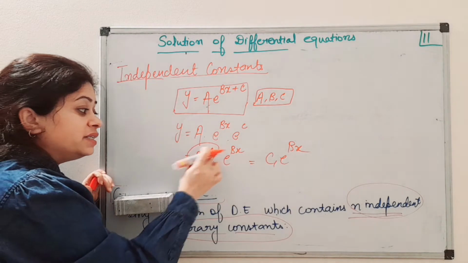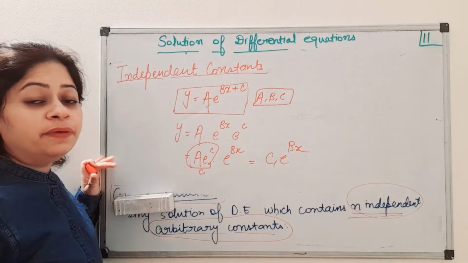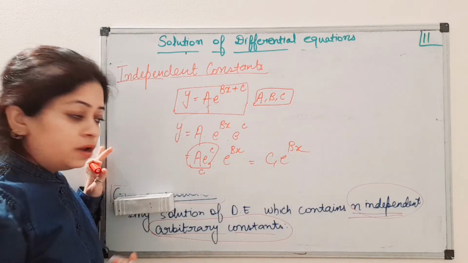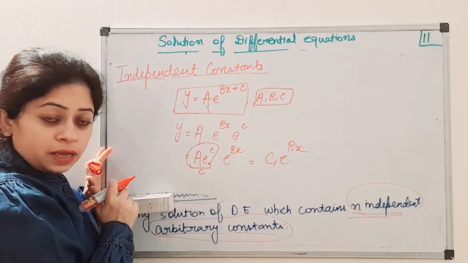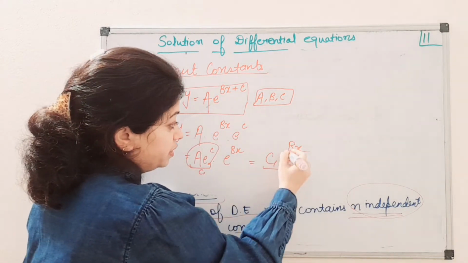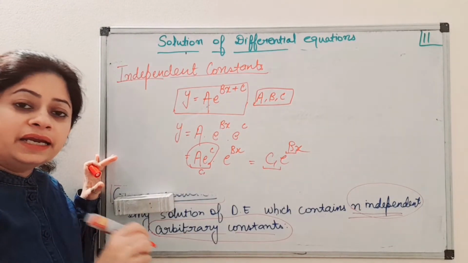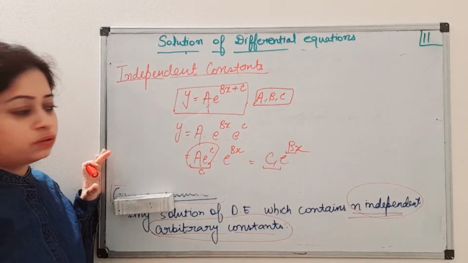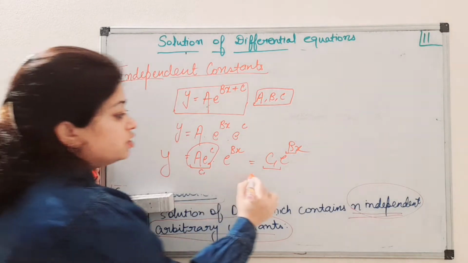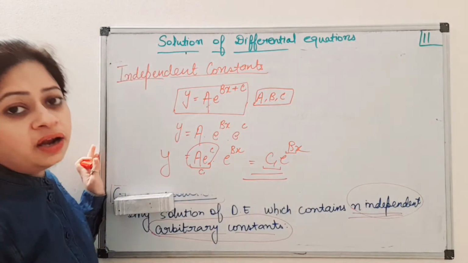Now a and c were not independent because they were reducible. We reduced them further, but c1 and b are not reducible. So these constants are independent arbitrary constants.